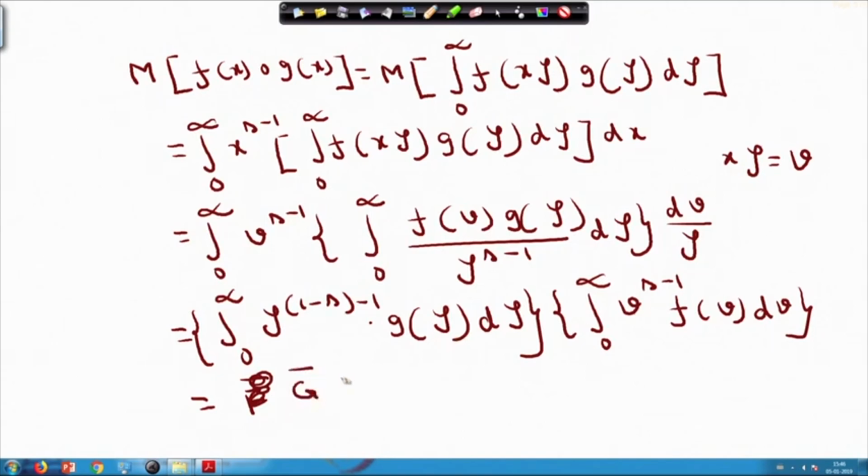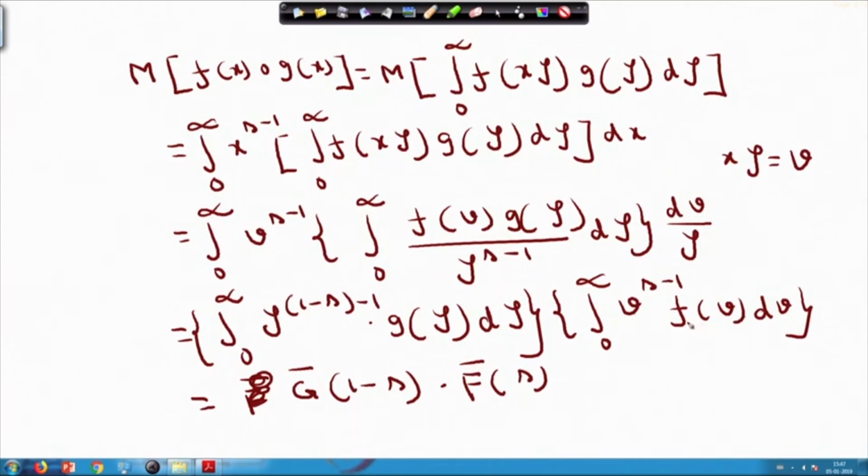This is nothing but g bar of 1 minus s, that is the Mellin transform of g with respect to the parameter 1 minus s, and the second integral is equal to f bar s, the Mellin transform of the function f(x) with respect to the parameter s.